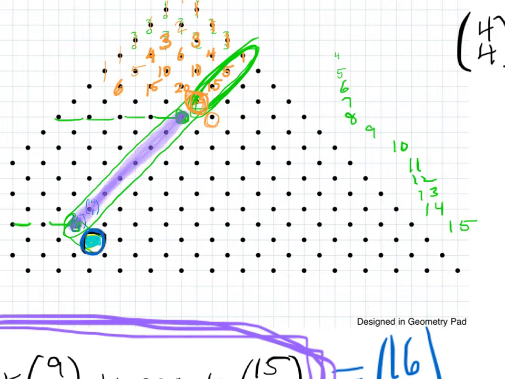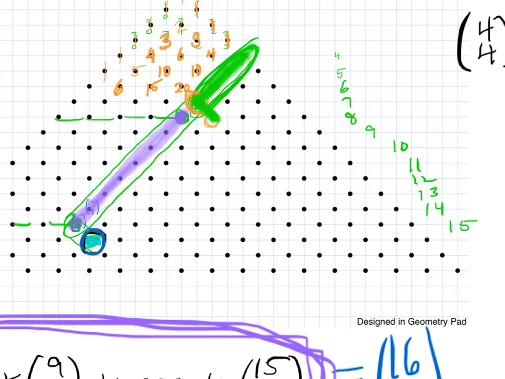We were interested in adding up this purple stuff. The hockey stick identity doesn't let us do that, right? We can't just start in the middle. We looked at that at the very beginning. To use the hockey stick identity, you got to start all the way up here and go down. So what we did was we said, okay, we're going to use the hockey stick identity with this hockey stick.